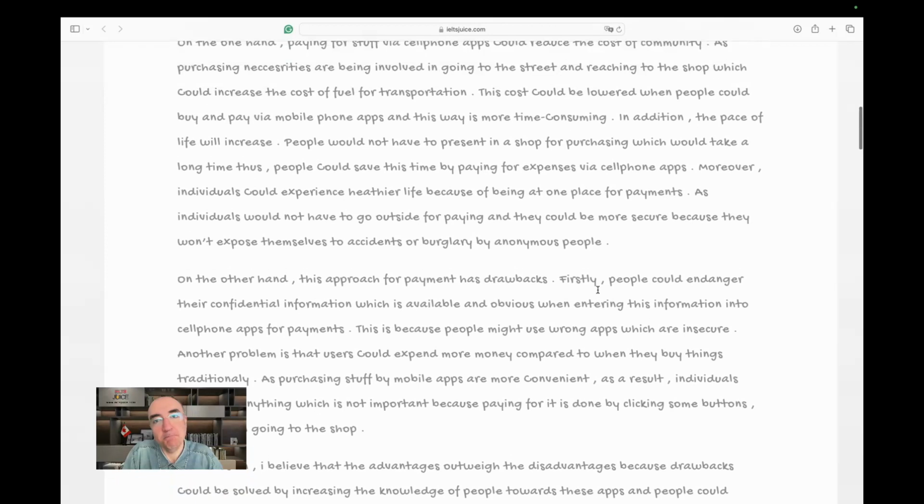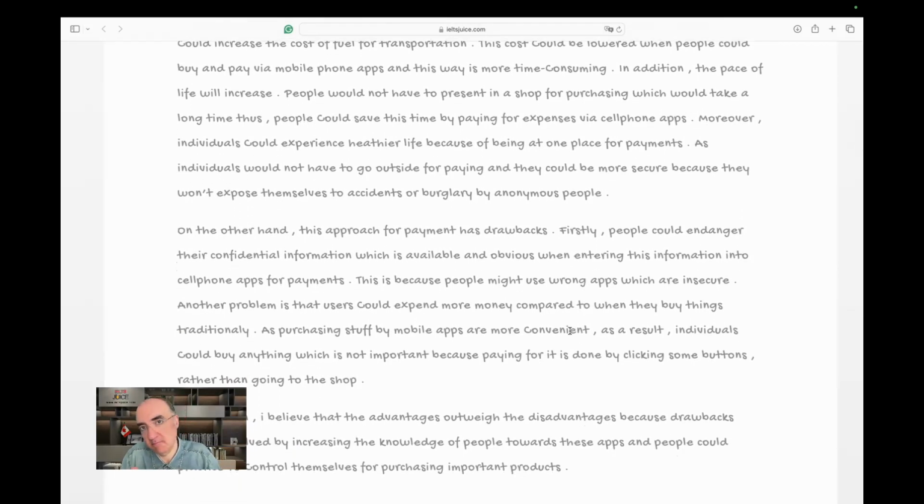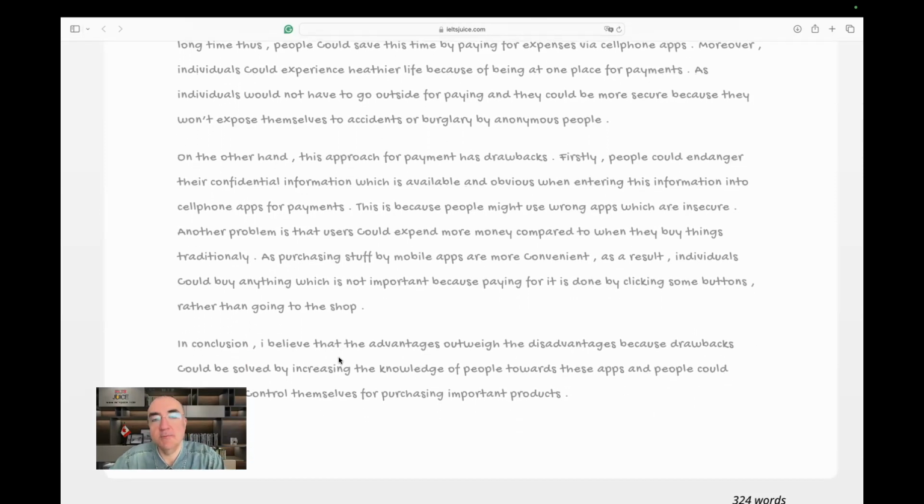So yeah, and the cost is, of course, yeah, if you don't pay the cost of fuel, the general cost will be reduced. Fair. On the other hand, this approach for payment has drawbacks.